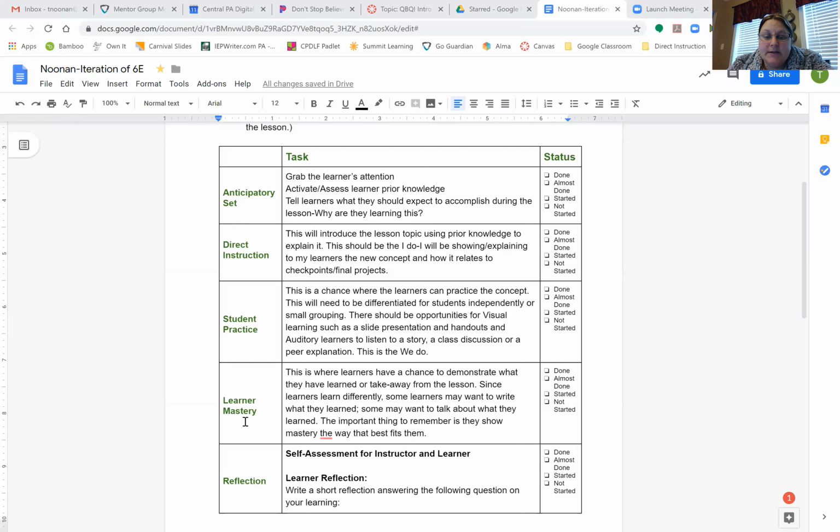And then a learner mastery. This would need to be chosen by the teacher before the lesson. How are they going to explain how they've mastered this specific concept? In that way, they have the freedom or the choice to decide how they want to show their mastery or demonstrate it. So maybe they want to just hold a quick discussion with me.